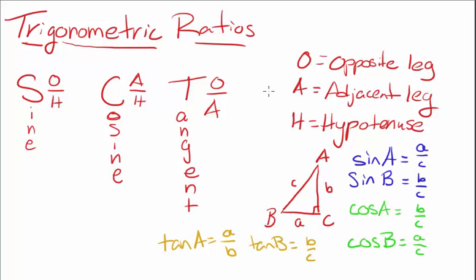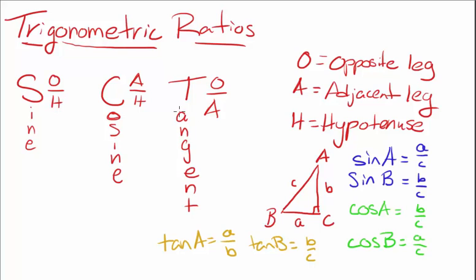Here on the bottom right, I have a triangle with angles A, C, and B. If you notice, the side opposite of the angle is labeled with the same letter. So this is side C, side A, and side B is opposite of angle B. How these trig functions work is we take an angle such as A and we find the ratio.